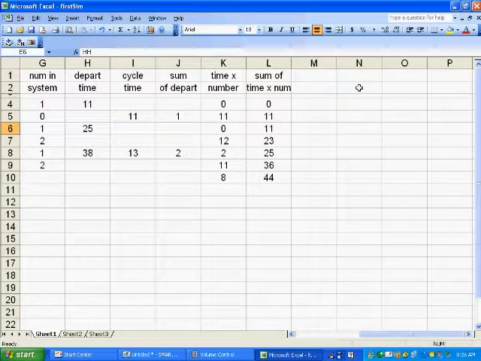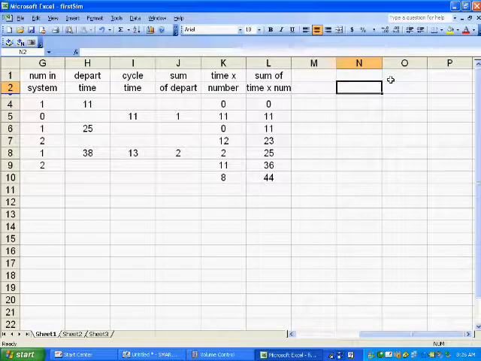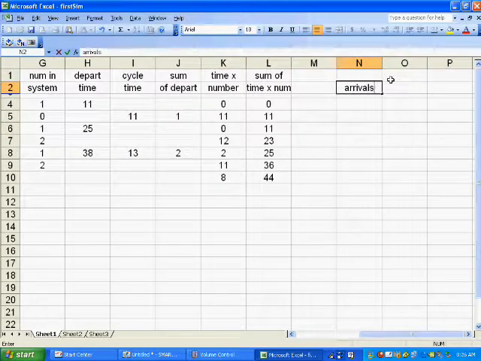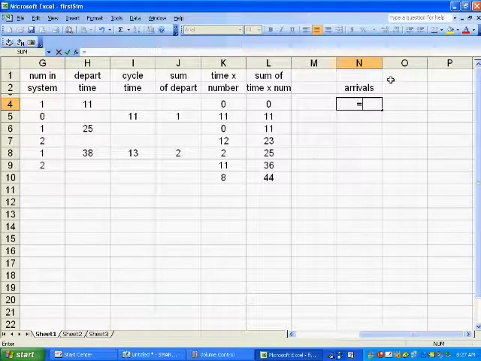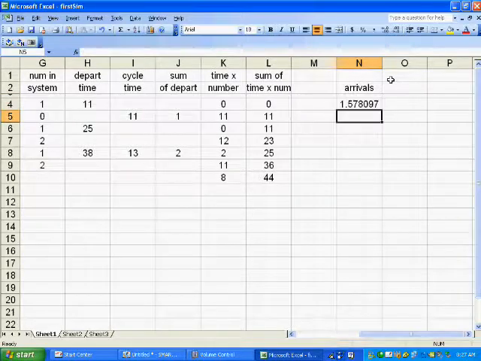So over here, what I would do is off the spreadsheet, you might have arrivals. And the arrivals is equal to minus, no, what's the arrival? Okay, so there's an inter-arrival time.